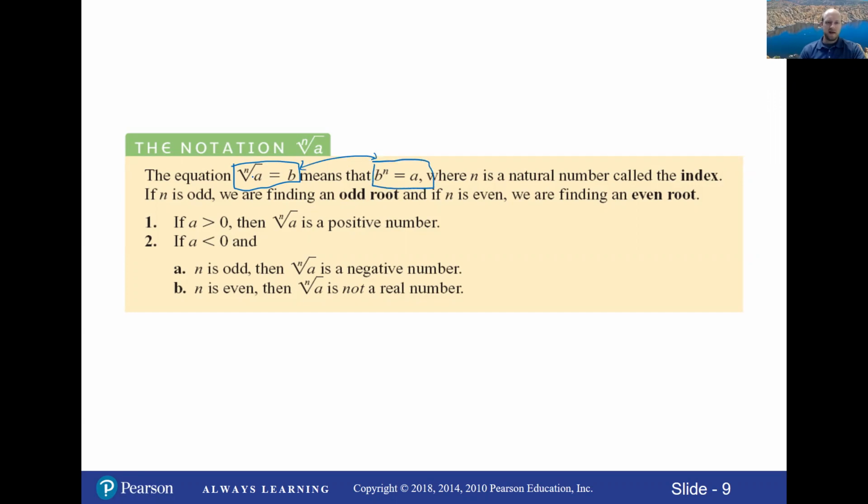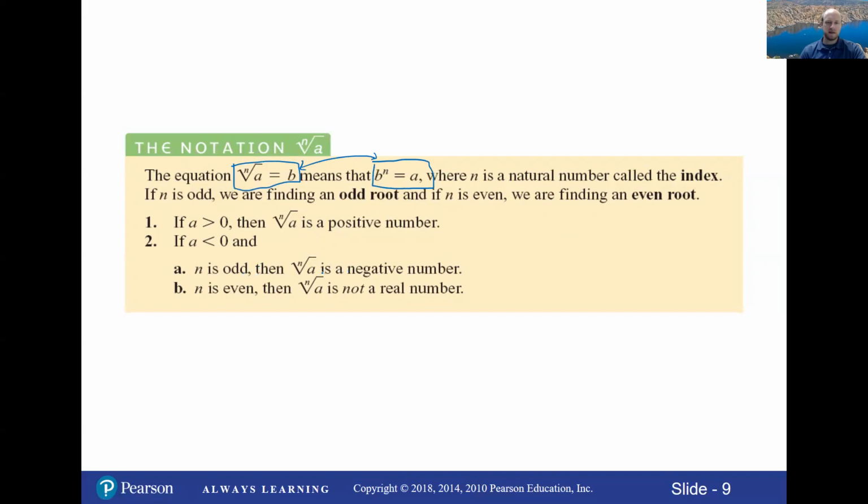If n is odd, we're finding an odd root. If n is even, we're finding an even root. That's just some terminology. But if a is greater than 0, then root n of a is a positive number. But if a is less than 0, if it's negative, we can get an answer.